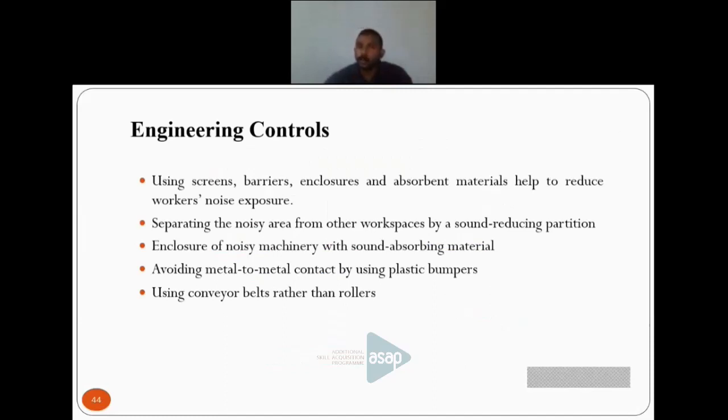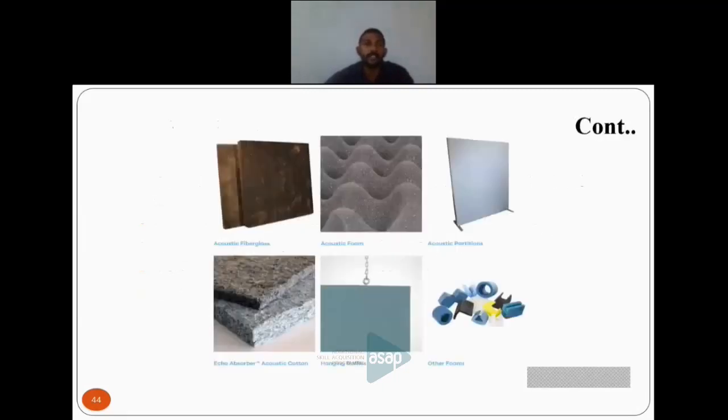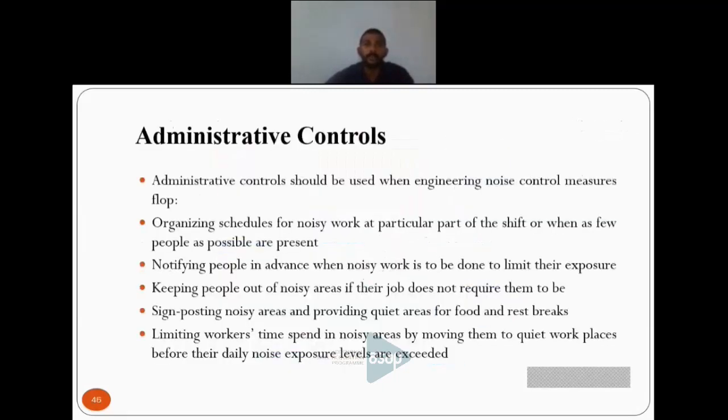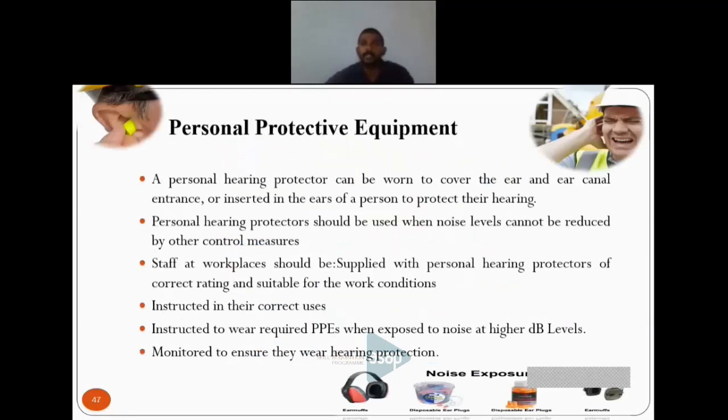If it is not possible, then we can go for personal protective equipment. In the case of a refinery, continuous noise comes, so in those situations we go for personal protective equipment. That is compulsory. The PPE has to be compulsory for them to wear, so that we can control it.